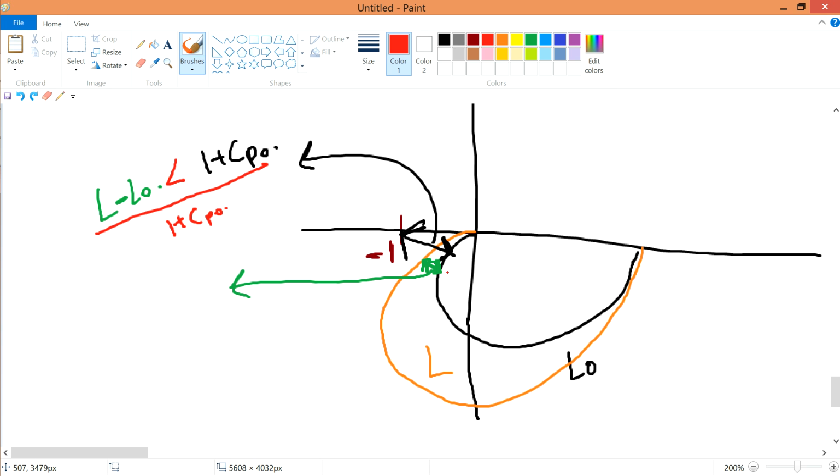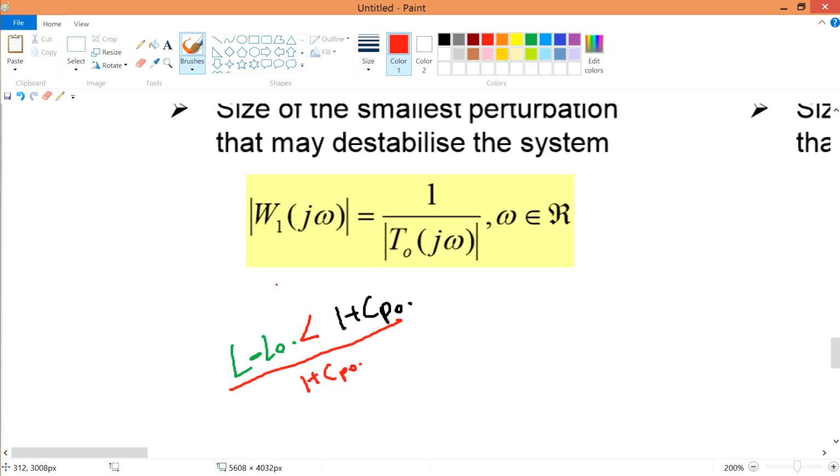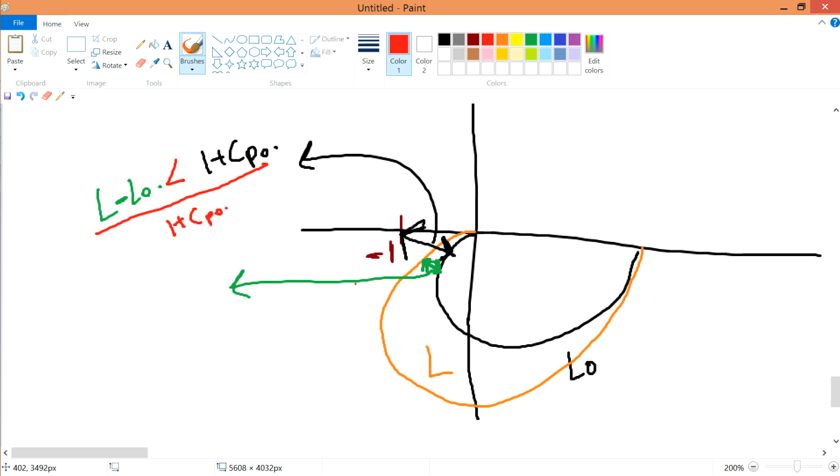And we can also rewrite that: instead of L minus L naught, and instead of 1 plus CP naught, we can also state some W1, some boundary. In other words, instead of this distance over here, you can actually set it to a range.